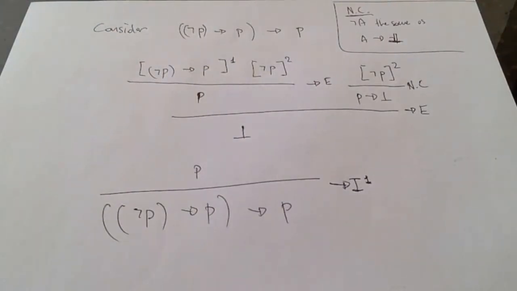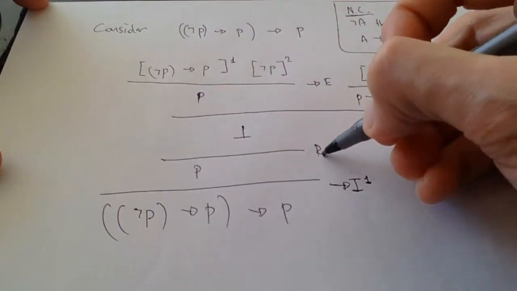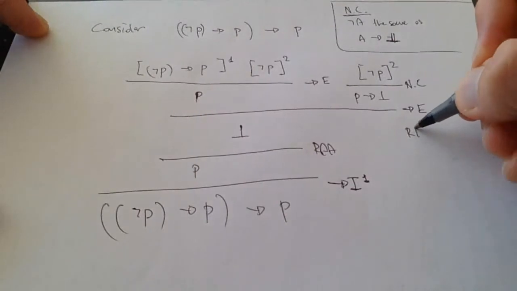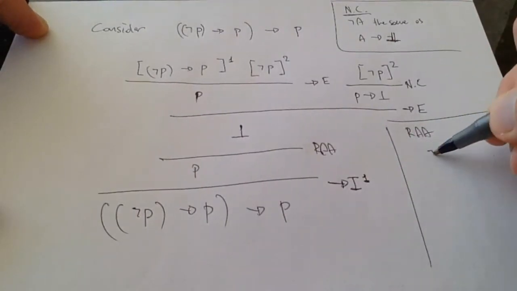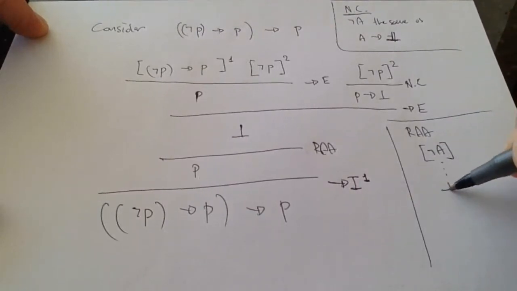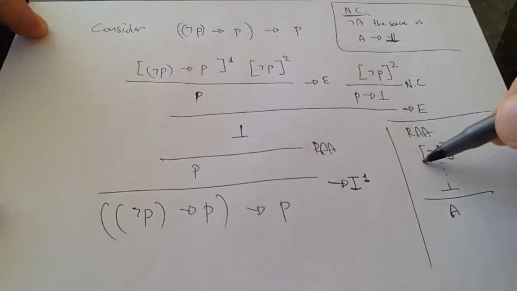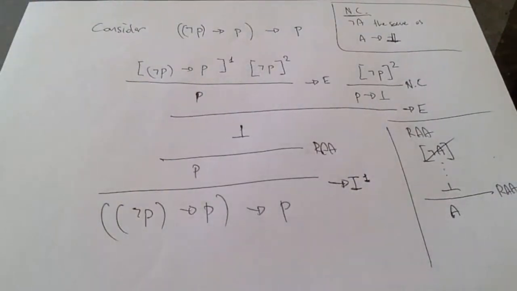What do I do now? I got the contradiction. Can I cancel my assumption not P? I can if I apply the rule of reductio ad absurdum. So if you remember, the rule of reductio ad absurdum tells you that if you assume a formula of the shape not A and you get down to the contradiction, you can say A and cancel that formula.